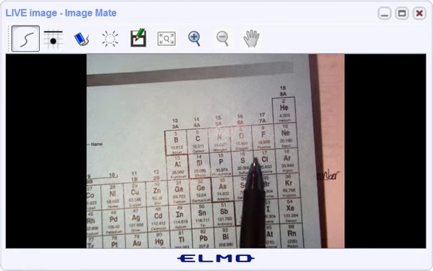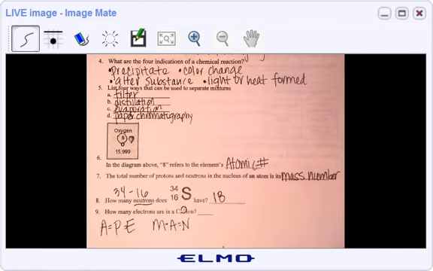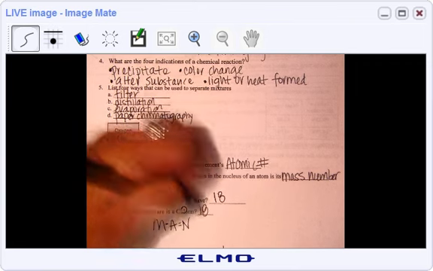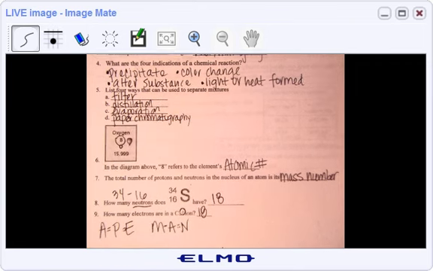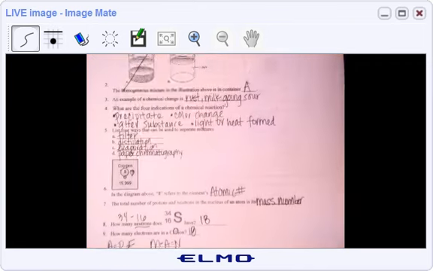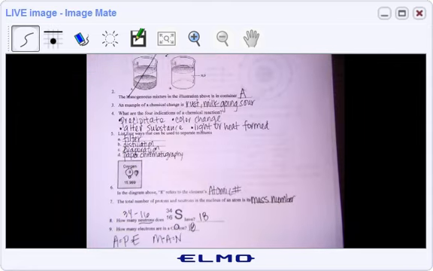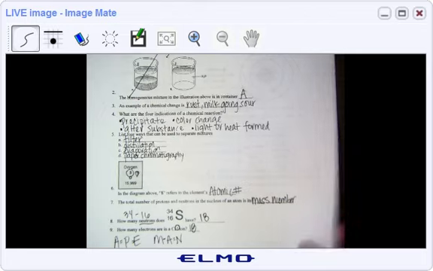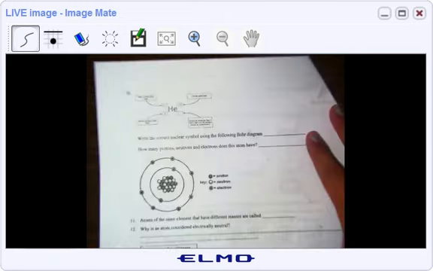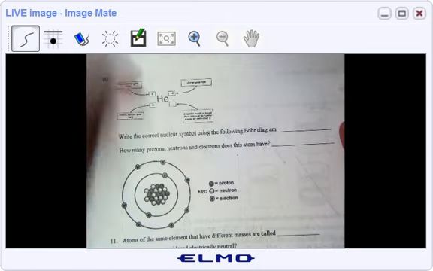So instead of 17 electrons, it's going to have 18 electrons. Number 10, omit.